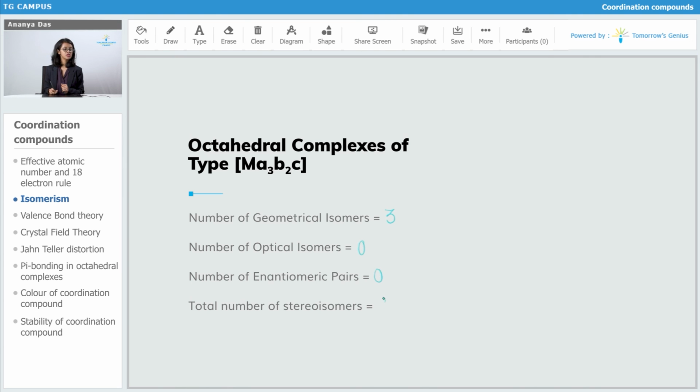So the number of optical isomers is 0, and there were 3 optically inactive pairs. So the total number of stereoisomers is equal to 3. So the number of geometrical isomers for the complex MA3B2C type were 3, the number of optical isomers was 0, the number of enantiomeric pairs was 0, and the number of stereoisomers were 3.